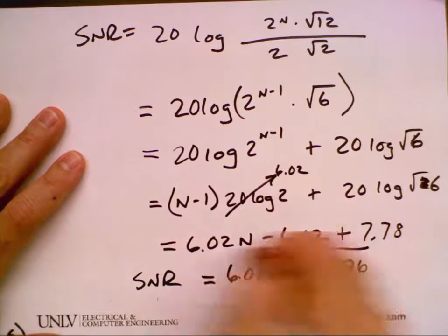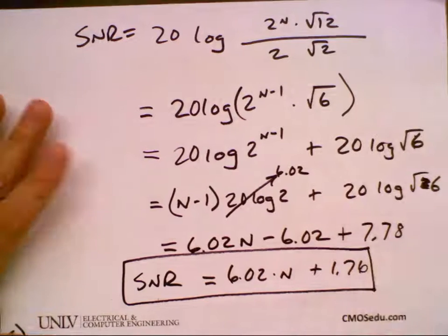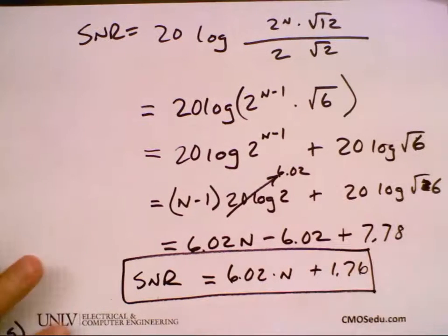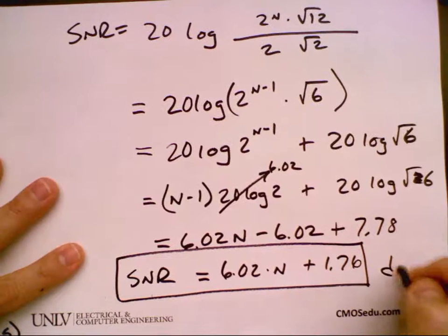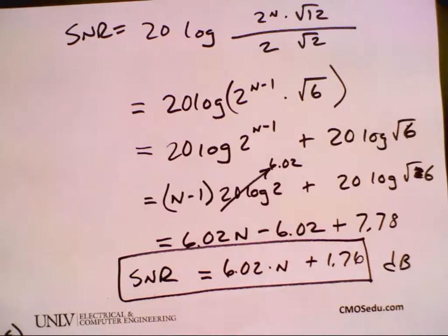All right, so let's talk about this for a moment. What are the units here anyway? dB. So if somebody says, I need roughly 60 dB signal to noise ratio, how many bits roughly does the data converter need? 10.